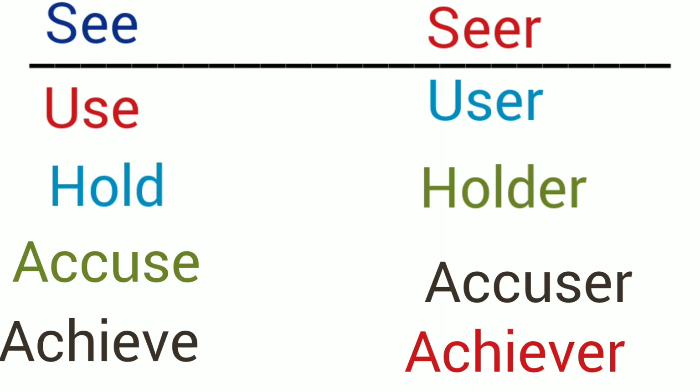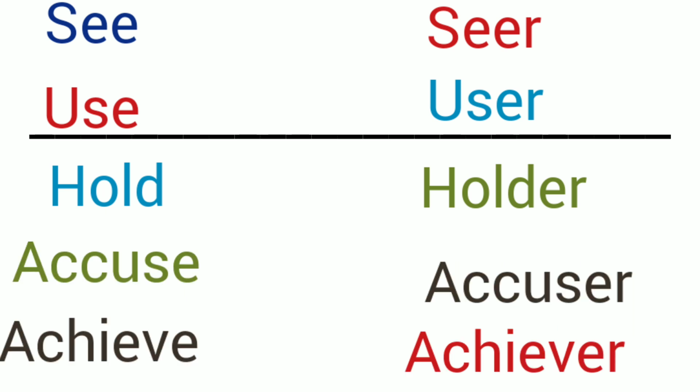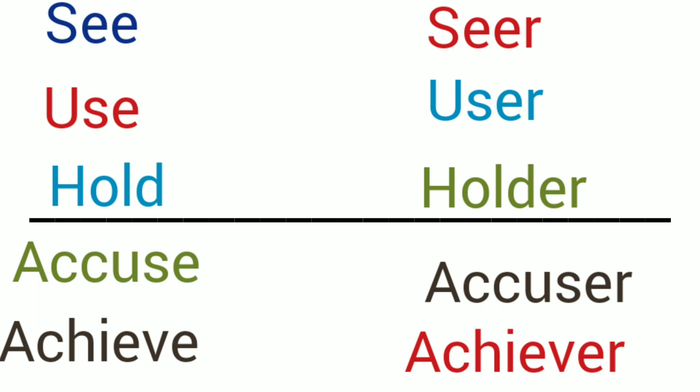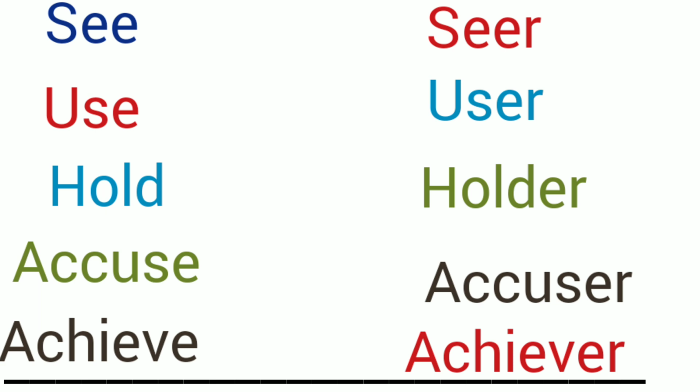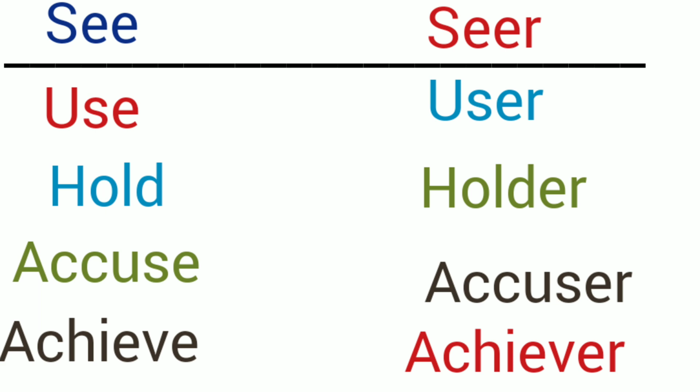Okay, let's see the fourth section. So we have seer. A seer sees, a user uses, a holder holds, an accuser accuses, an achiever achieves. Okay, so someone who sees is called a seer.